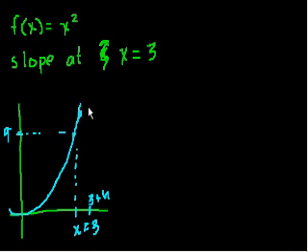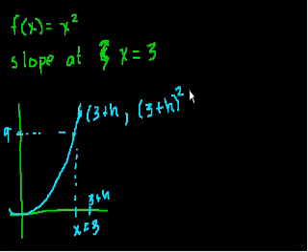So this point right here is 3 plus h, comma, 3 plus h squared, because we just take 3 plus h and put it into x squared. And this point here is, of course, 3 comma 9.